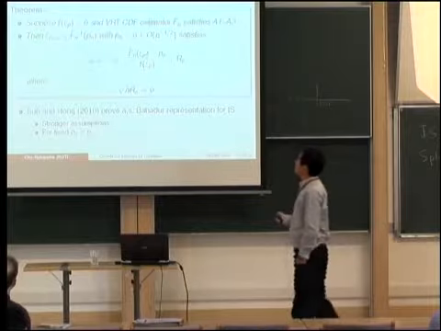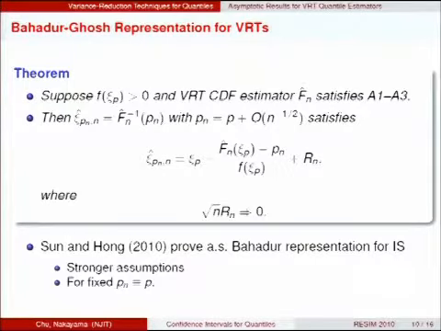Okay, so here now is the first result that I'll mention. The assumptions are as follows. We assume that the derivative of the CDF is positive at the true quantile, and we need our CDF estimator to satisfy our three assumptions from before. Now we look at the estimator of the Pn quantile, so we have this perturbed value of P over here.